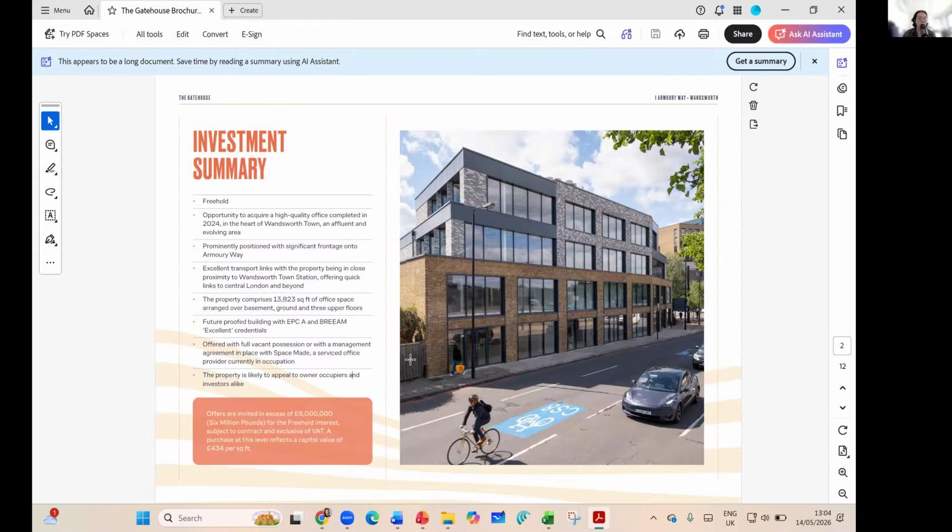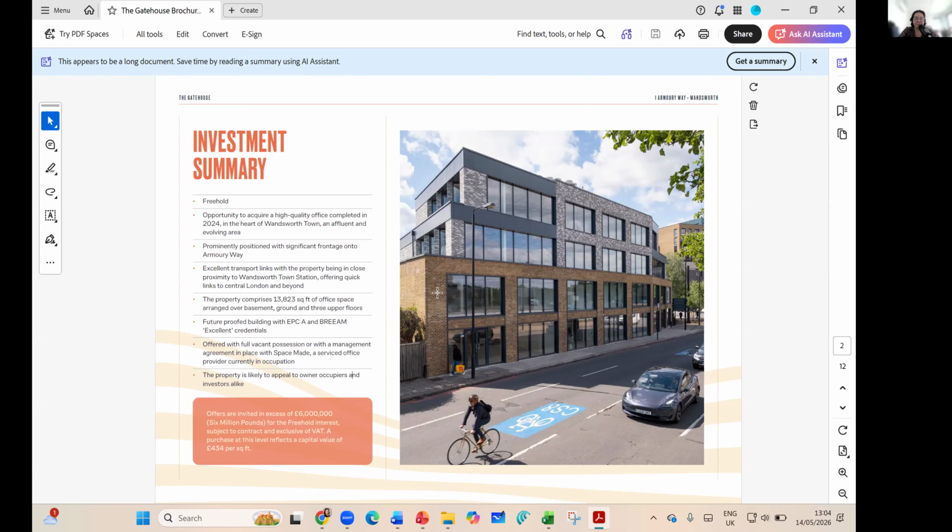If you know the area or the market, you know that this office has been refurbished and finished in 2024. And there is a tenant in place, a co-working space called Spacemate.